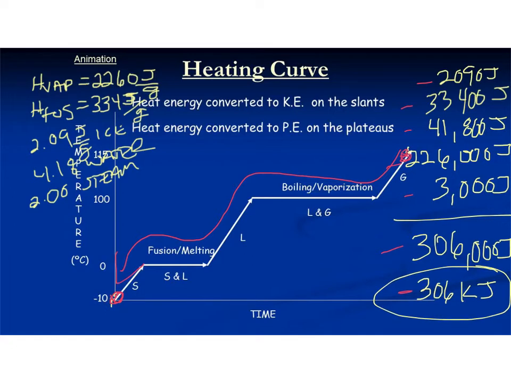All right. So hopefully this has been a helpful tutorial, and now that you understand the different parts of the heating and cooling curves, what's happening on each little step or slant or plateau, you understand a little bit more about the differences in the specific heats associated with each individual area. For example, heating up the solid has a different specific heat than heating up the liquid, which has a different specific heat than heating up the vapor.